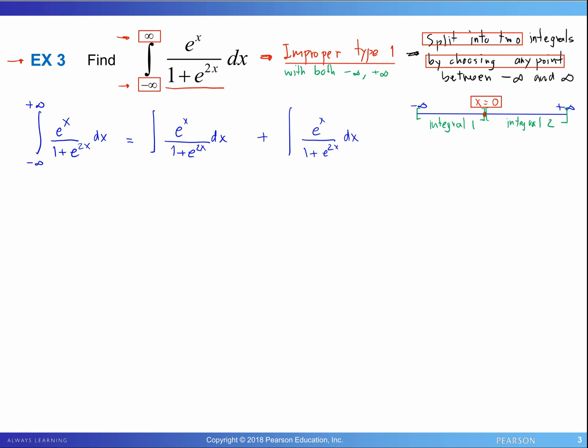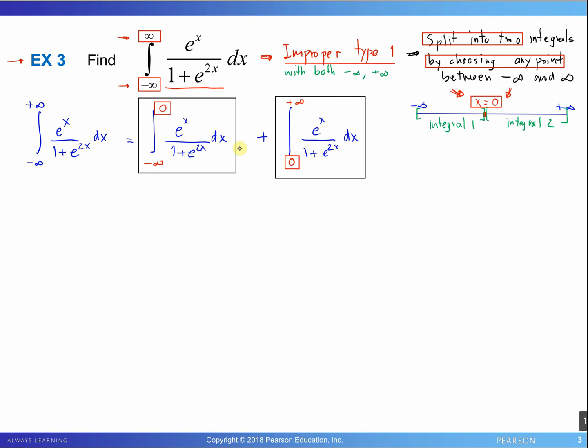The first integral goes from minus infinity to 0. This point 0 is the one that we chose, right here. And now the second integral starts at the same point that we chose, 0, and it goes all the way to positive infinity. And now we have to evaluate these two integrals separately.